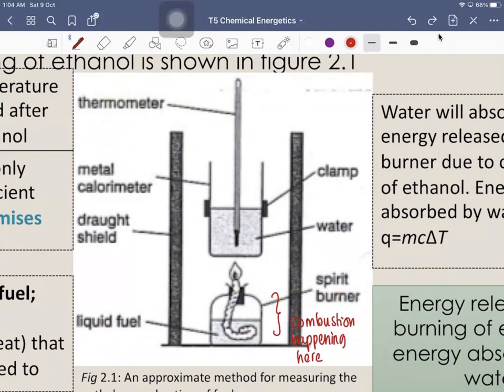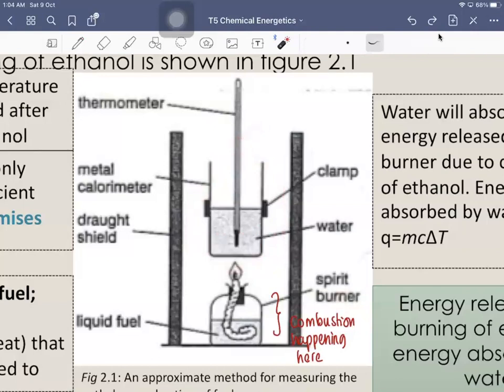So we can place a beaker of water near the combustion reaction so that whatever heat is given out in the combustion process will be transferred to the water. The energy given out will heat up the water, and this energy can be measured using a thermometer.